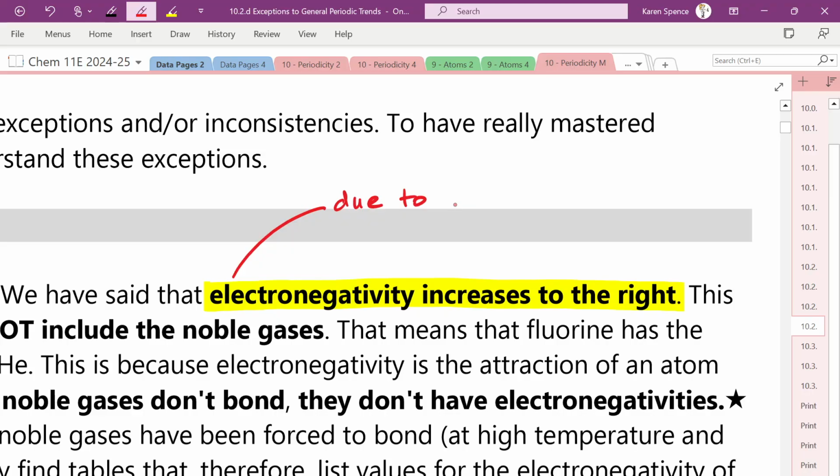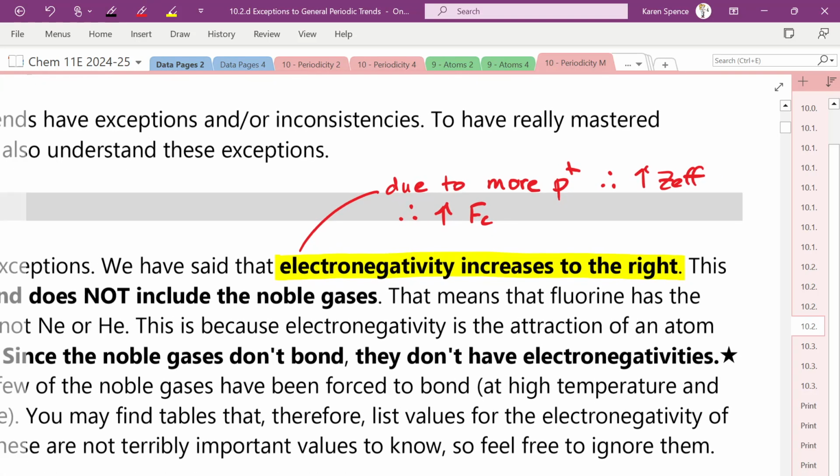More protons. Therefore, higher Zeff. Therefore, higher Coulombic attraction, and so on. Okay? We're not going to go into depth there.